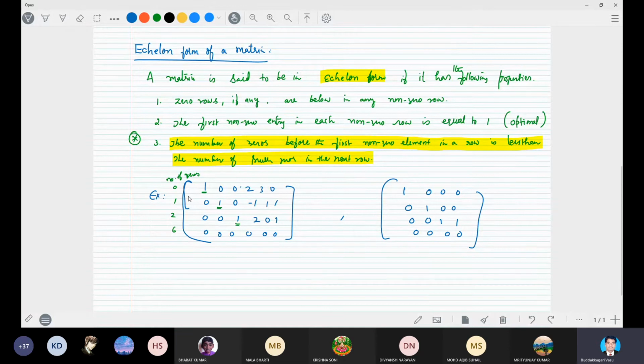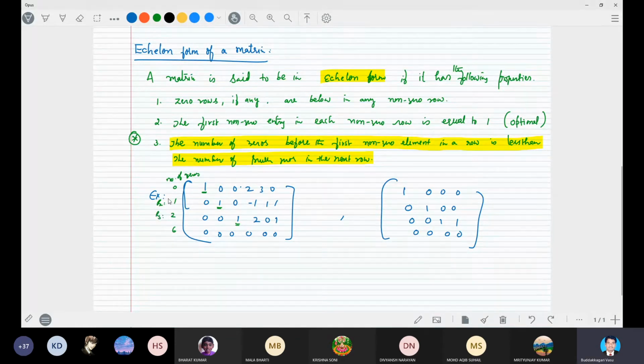So does it obey the rule or not? The number of zeros before the first non-zero entry in a row is less than the number of such zeros in the next row. Let us say, suppose in R2 the number of zeros is 1 and in R3 the number of zeros is 2.